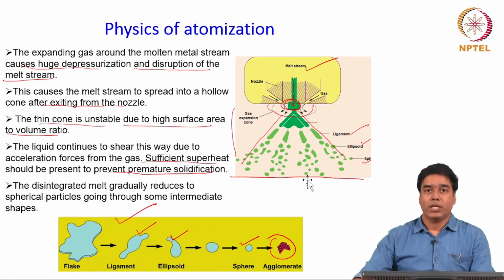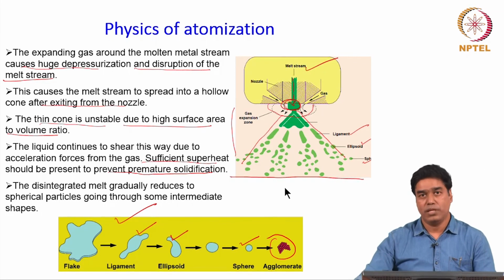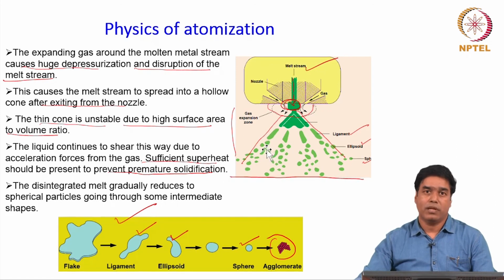Okay. So, the process is about creating enough instabilities in the liquid stream, a kind of condition which can lead to a shape which is having a very high surface area to volume ratio. So, that all these surface instabilities can be easily generated on that surface, and then it will be broken down.